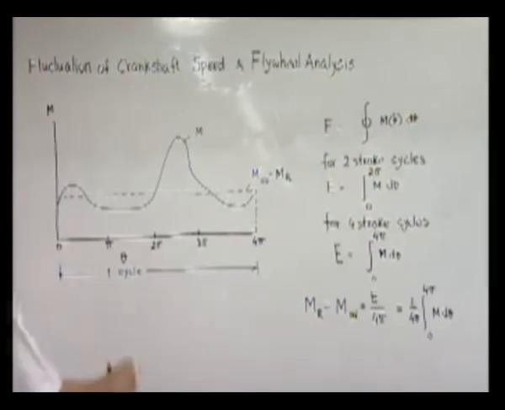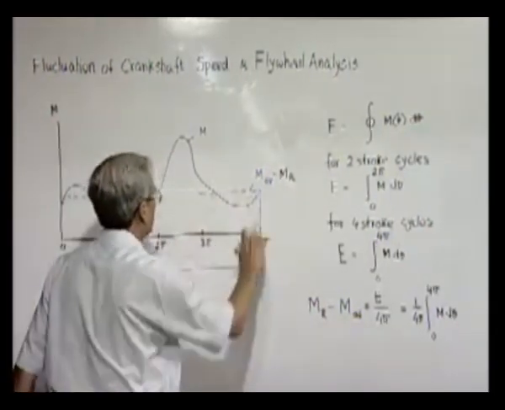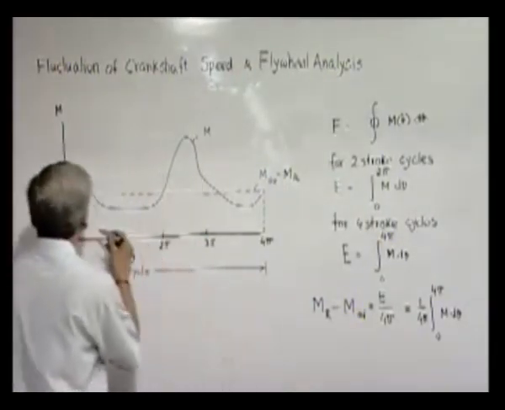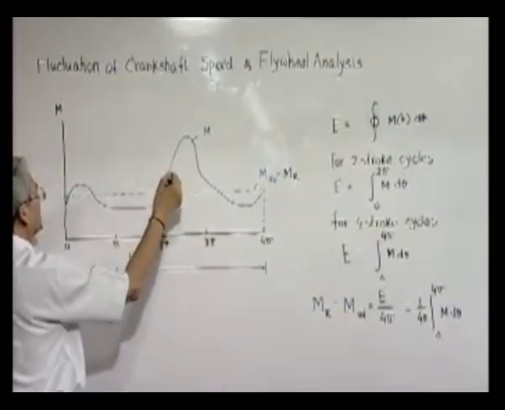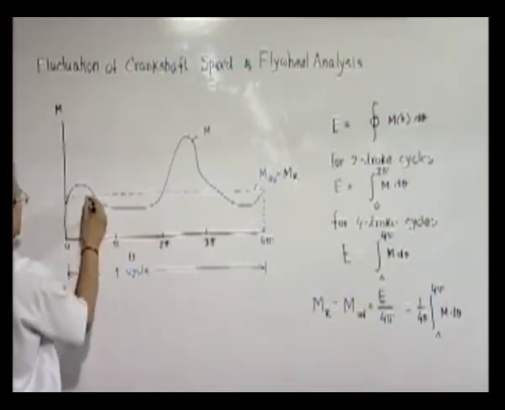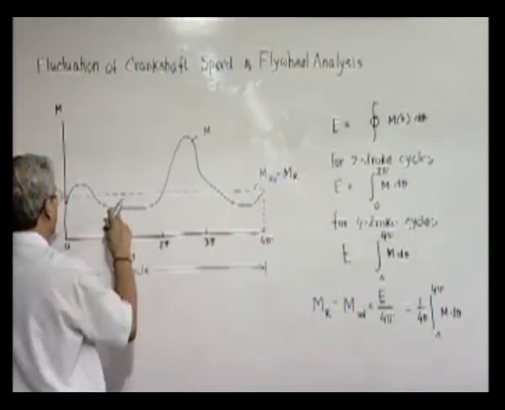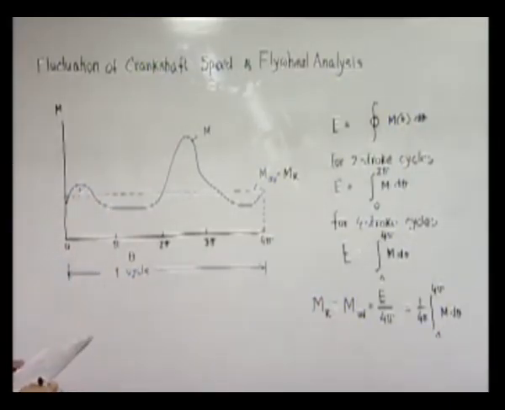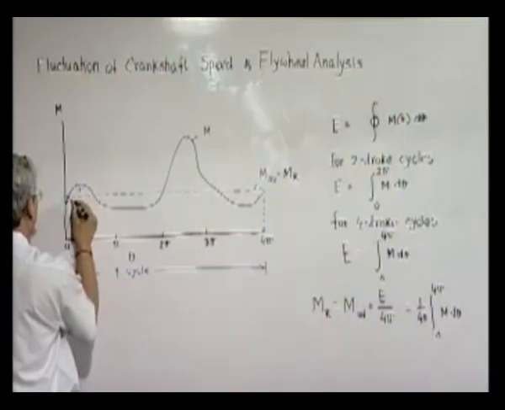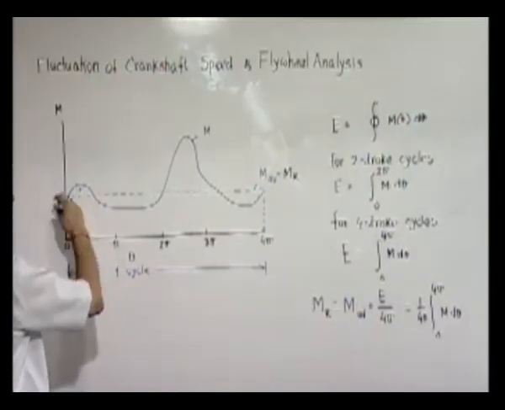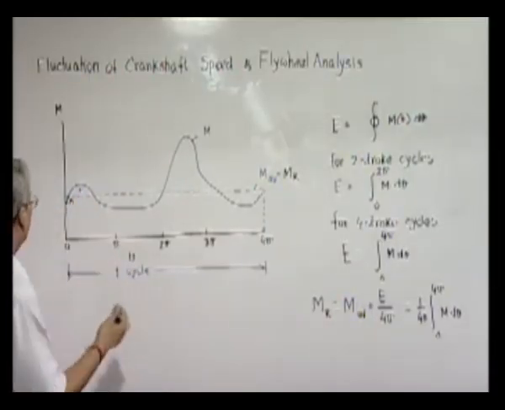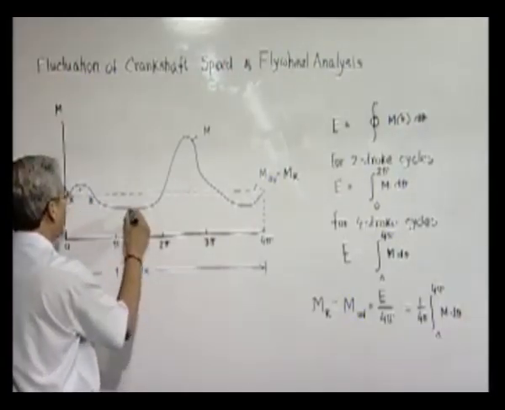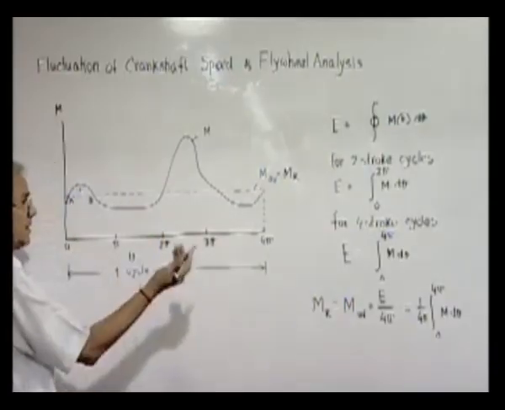Now we find that if we draw this resistance or resisting moment, in some places the driving torque is above this resistance, and in some cases it is less. So here, energy will be added to the system, so the kinetic energy will go up till point B, after which the driving moment becomes less than the resisting moment.